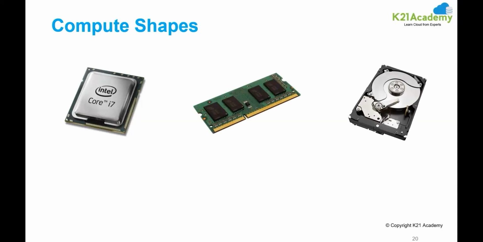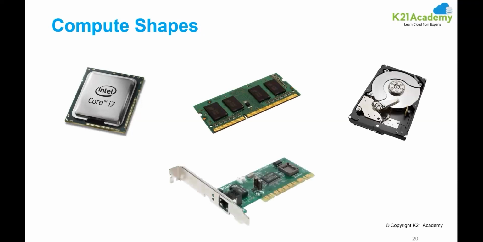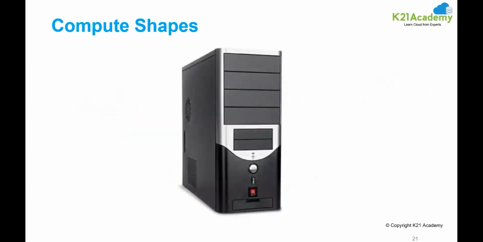We can use solid state drives, and also definitely, because we will be dealing with the network, we need the network interface card to connect with the internet. So this is the Ethernet card that we'll be using. What we will be doing is putting all this together into one CPU cabinet, correct?